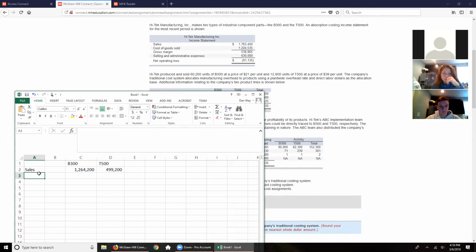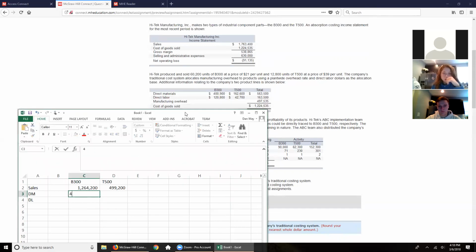We can always stop. From that, we can take off direct materials and direct labor without any heavy math here. The B300 had labor of 400,000 and change, or excuse me, materials of 120,800, and the T had this here. Then that leaves the hard part, manufacturing overhead.